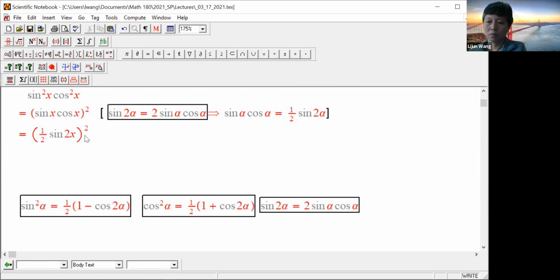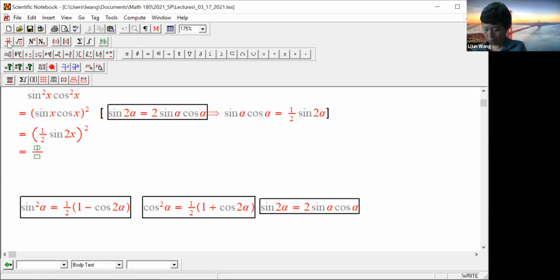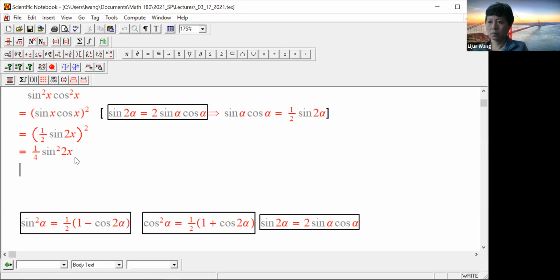And then we have a quarter, and we have sine squared 2x. And then one more step, I plug in this formula.